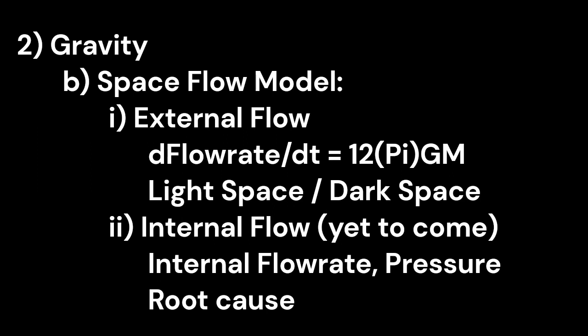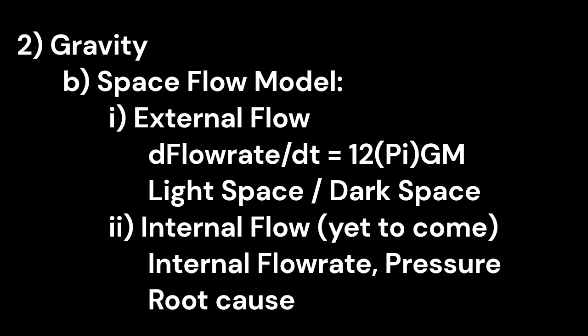And part B of the gravity work has all to do with the space flow model. In other words, we are proposing that space actually moves towards masses at the velocity required to make all those prior calculations work. We have to understand how that's possible.